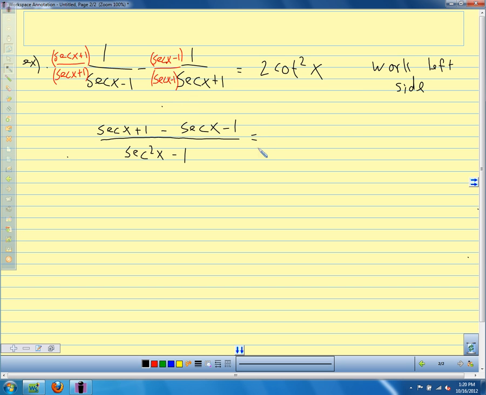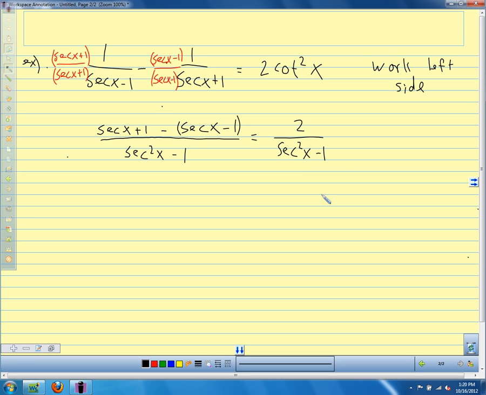Well, the numerator simplifies to what? What do I end up with here in the numerator? Two. Secant x minus secant x is 0. 1 minus negative 1 is 2. And I get 2 over secant squared x minus 1.